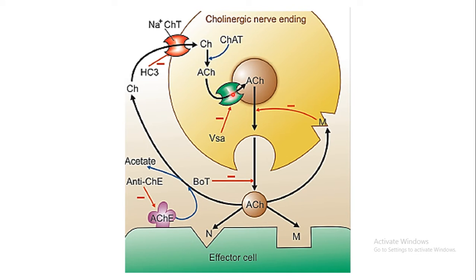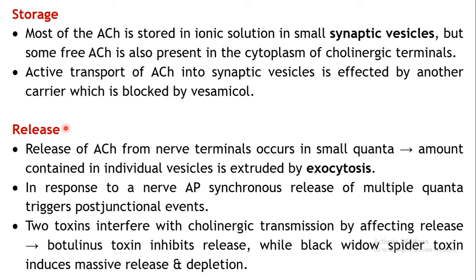This active transporter takes up the acetylcholine which is synthesized in the cytoplasm and stores it inside the vesicles, but this transporter can be blocked by vesamicol. That's how it will result in the depletion of acetylcholine. So storage is getting affected, and whenever it is required, it will not be available in the stores, in the form of vesicles.